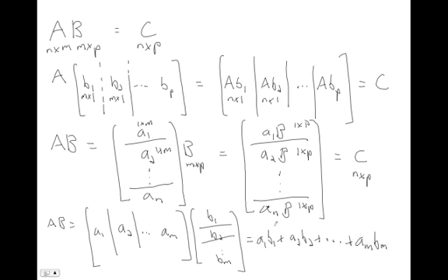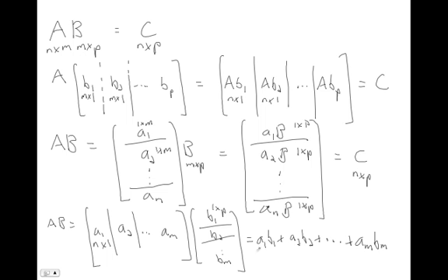But what are the dimensions of these things here? What is A1? A1 is an n by 1 vector. What is B1? B1 is a 1 by p row vector. So this thing here is an n by 1 times a 1 by p.